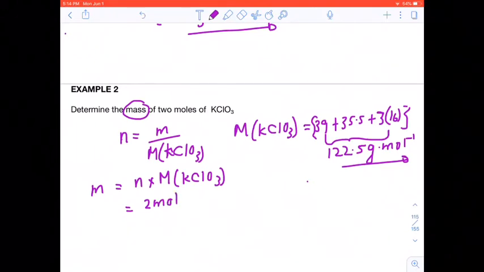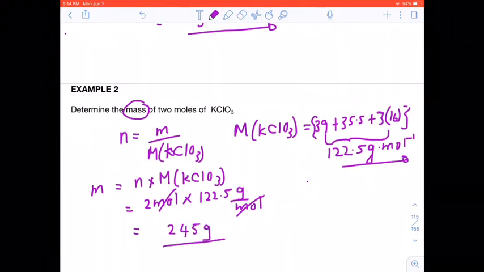What is the molar mass? It's 122.5 grams per mole. Mole cancels out. What are we left with? 245 grams. So 2 moles of KClO3 has a mass of 245 grams.